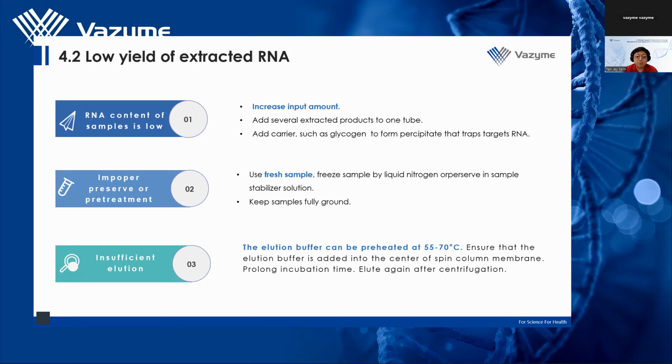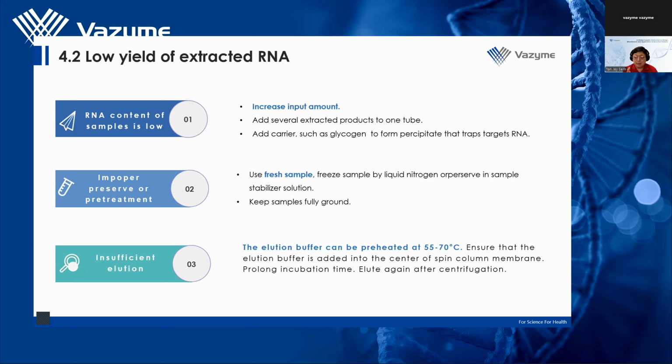Improper sample storage or pre-treatment can also be a factor. Ensure fresh samples or samples frozen in liquid nitrogen and stored at -80 degrees are used. Additionally, ensure thorough sample disruption through homogenization or grinding before you start.